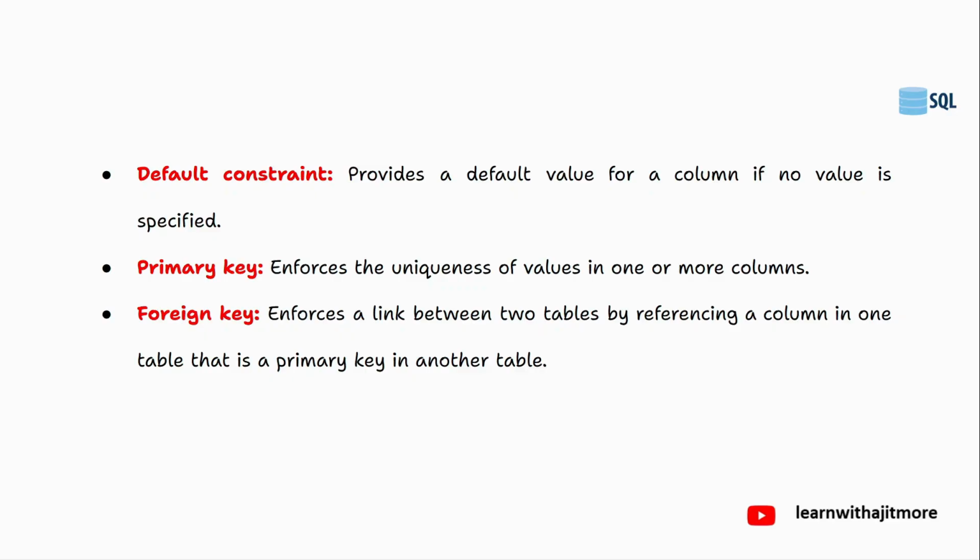It is connecting two tables. It is called referential integrity. This will be very helpful when we learn joins, and joins is a very favorite topic in interviews. So it enforces a link between two tables by referencing a column in one table that is the primary key in another.